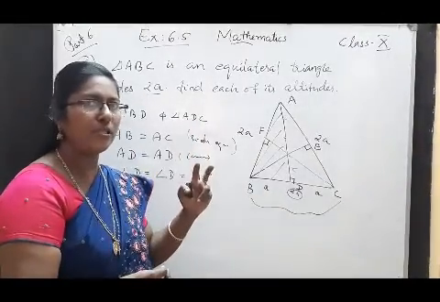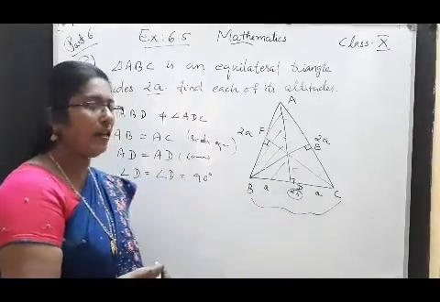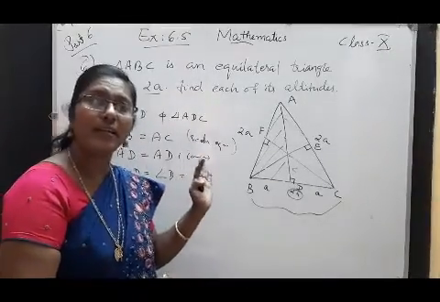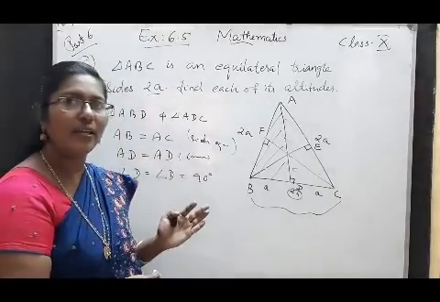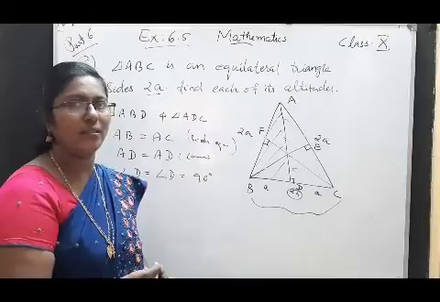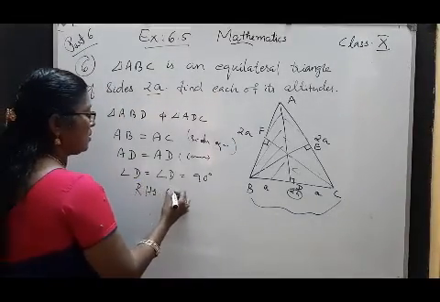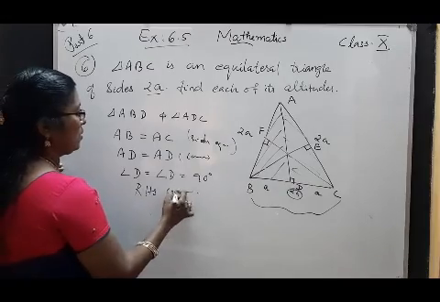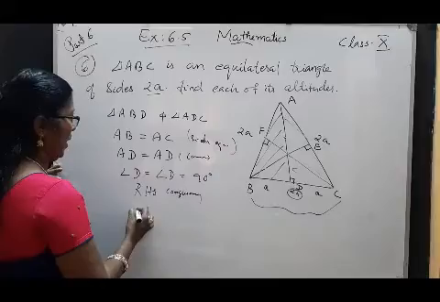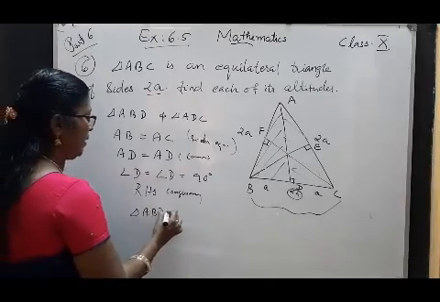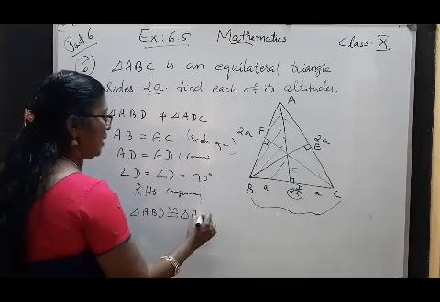A hypotenuse and a side are equal to those of the other triangle. By RHS congruence, you can say they are congruent. Triangle ABD is congruent to triangle ADC.